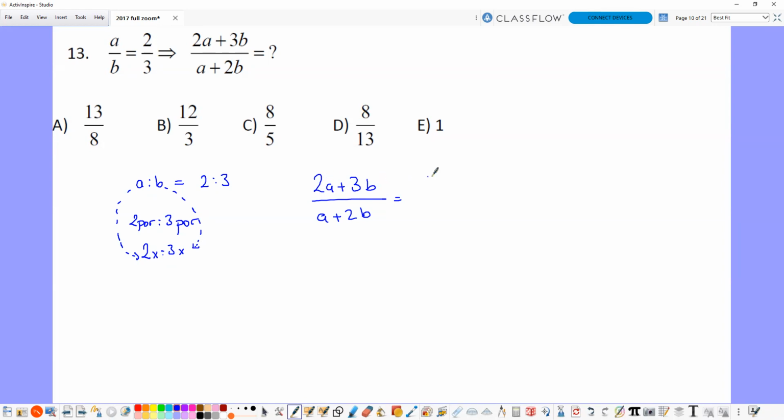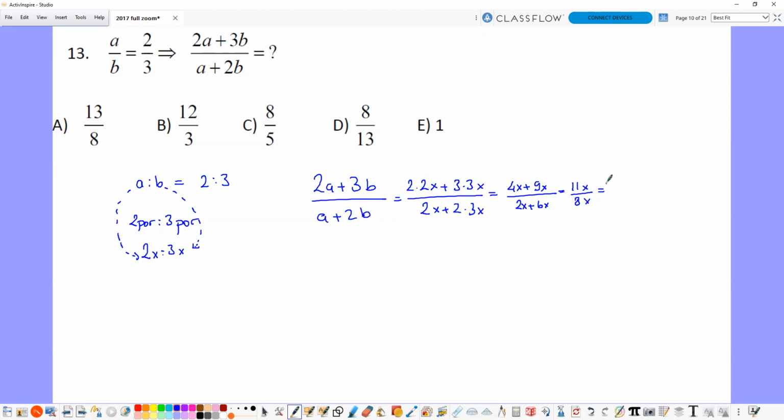So 2 times 2x plus 3 times 3x, divided by a, which is 2x, plus 2 times b, which is 2 times 3x. That makes 4x plus 9x divided by 2x plus 6x, which is equal to 11x divided by 8x. Here, x and x represent the same number.